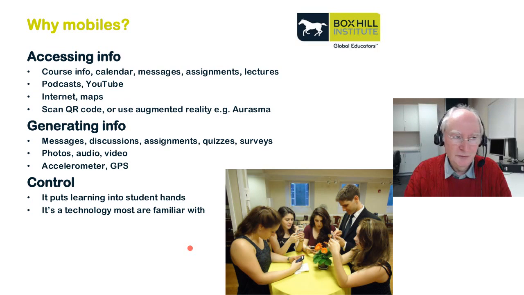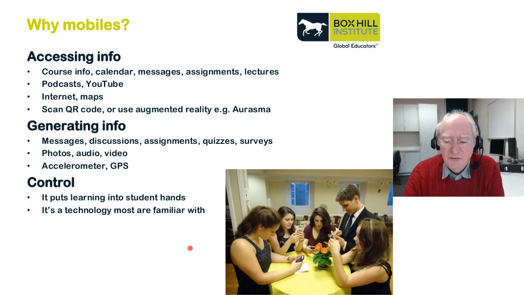Then if the student pointed Aurasma on their phone and took a photo of the poster, a video would play, and the student on the poster would then start speaking through the phone with a lovely video. So it was a neat way of getting course experience shown to new students.